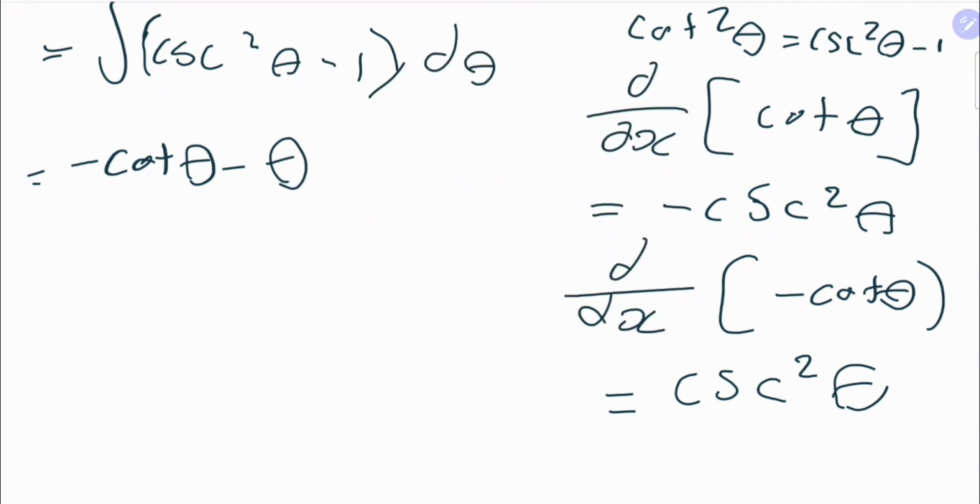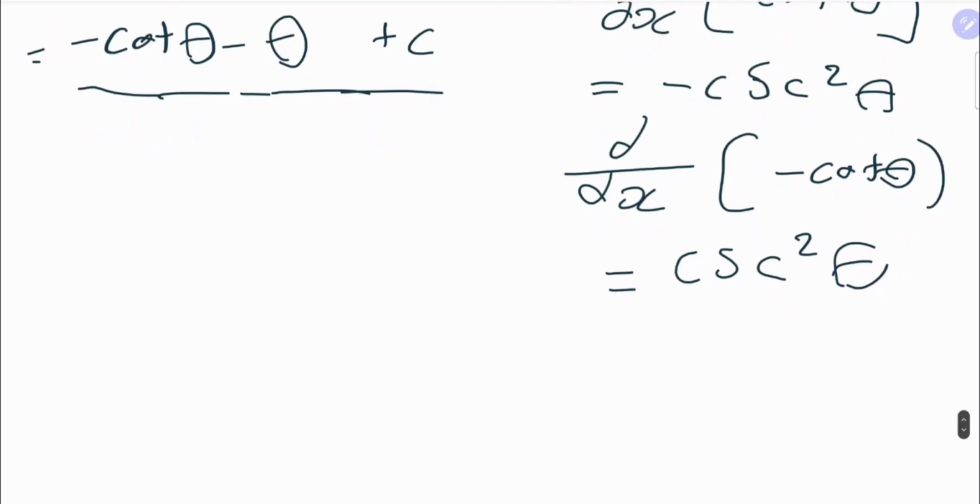But you may notice that it is in terms of theta, which is not our starting variable. Our starting variable, if you hadn't realized, is x. So we are going to need to turn this back into x variables.